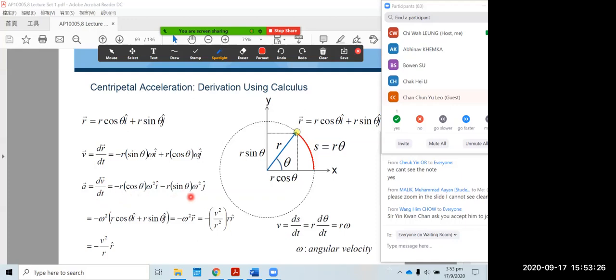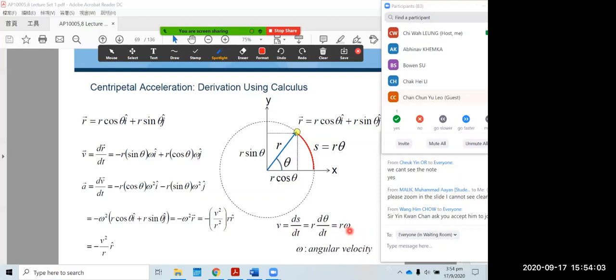But the important point here is that we have, at the end, an equation that connects the acceleration vector to the displacement vector with a quantity that is called angular velocity. This angular velocity is actually related to the linear velocity, as we will see later, by the equation here: v is equal to r times omega.